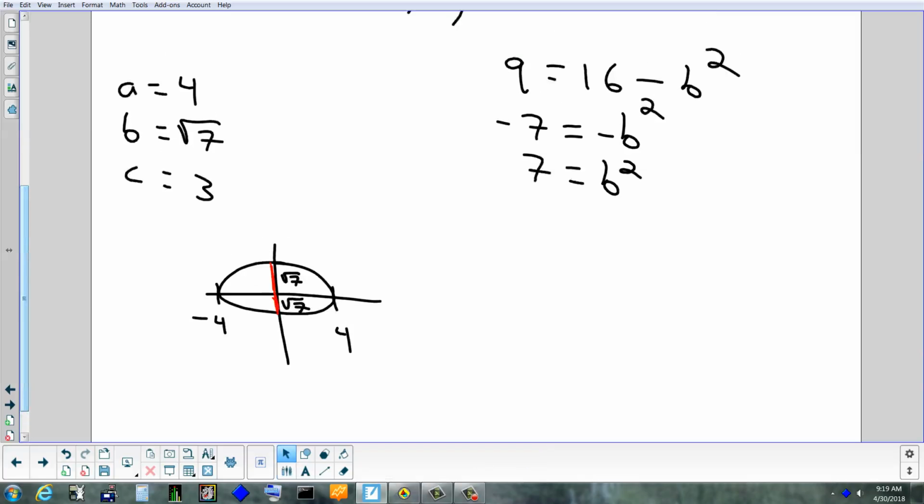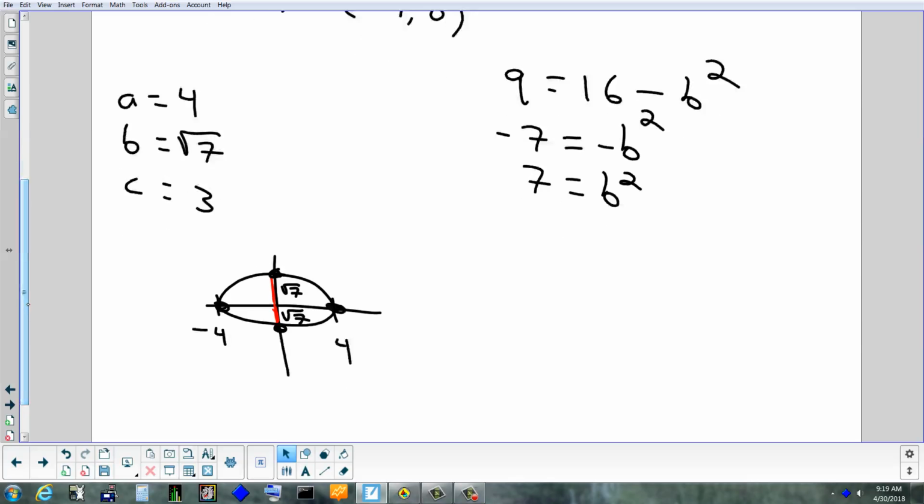Once you have those 4 points, you can make a decent sketch. Any question on that idea to sketch it? Now the foci, C is not really part of the sketch at all. The foci are inside the ellipse. They would be like 3 units over and 3 units over.